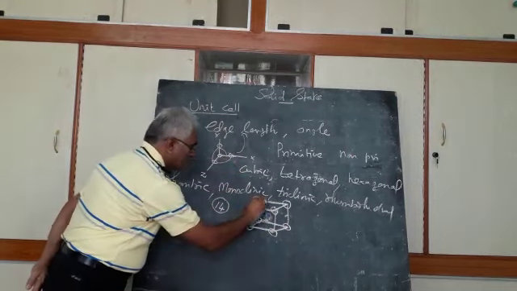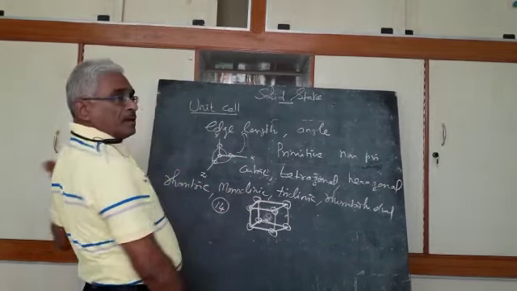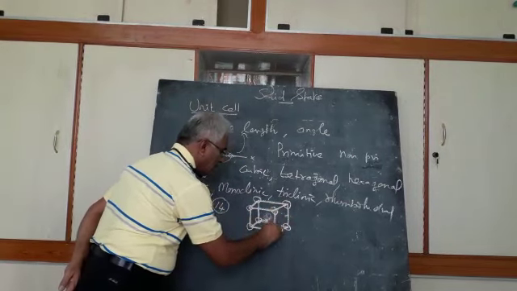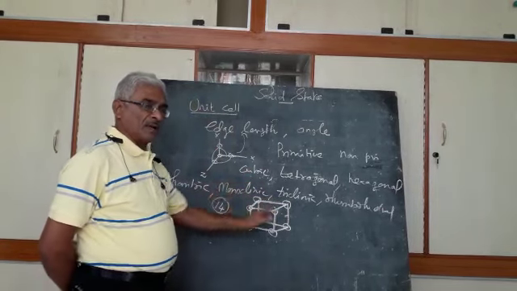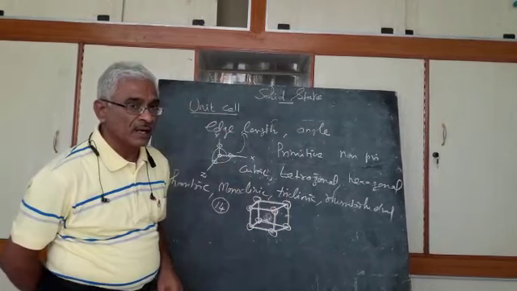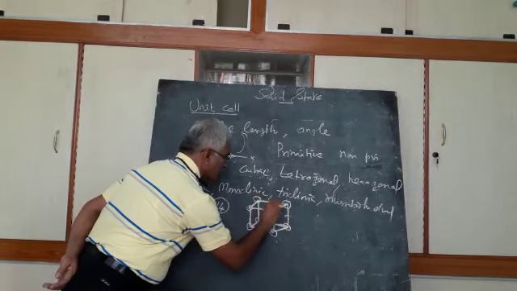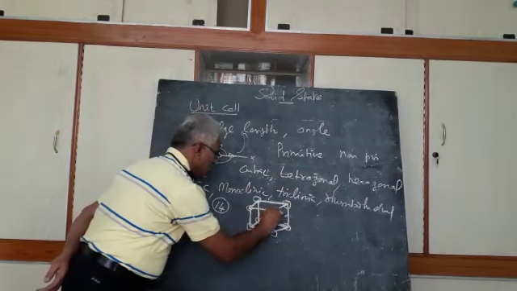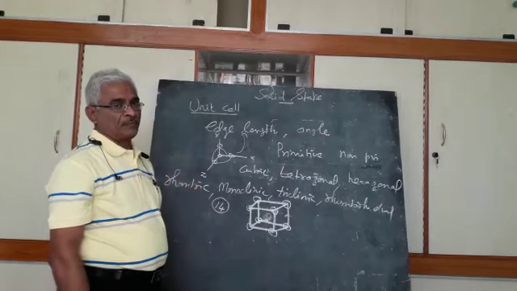This is the third face in the left side. This is the fourth face present in the right side. Top, bottom, left, right. What are the 2 other faces? Yes. This is the face present behind, at the back. This is the face present at the front. So we have 6 faces.